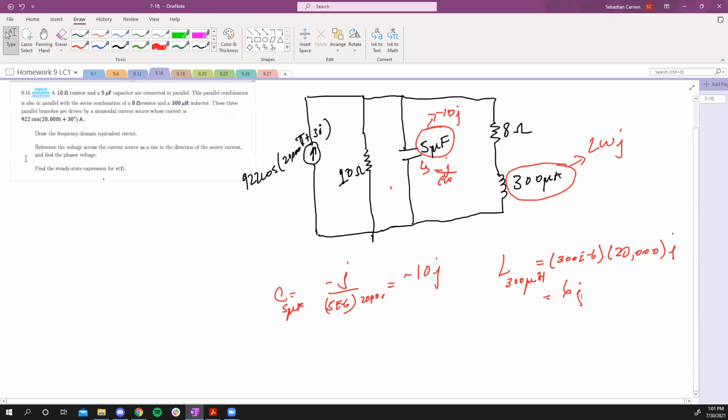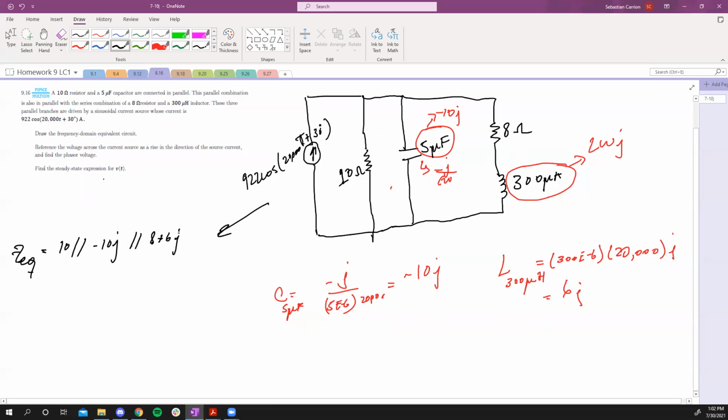Essentially, if we wanted to find the impedance, we could just sum it up. This is not really what the question is asking, but I'm going to do it anyways. The equivalent would be 10 parallel with negative 10j parallel with 8 plus 6j.